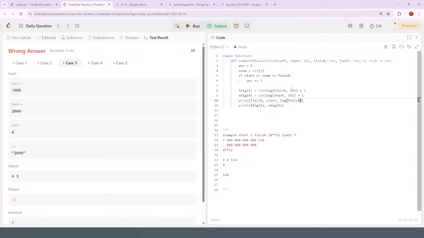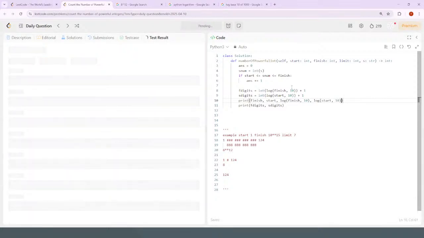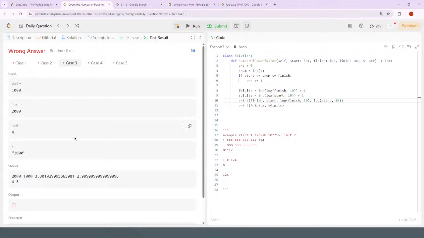Log of finish base 10. Log of start base 10. Oh my god, are you serious? It's not precise. Holy shit.